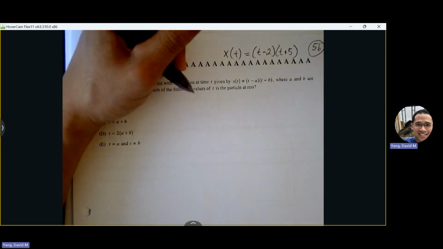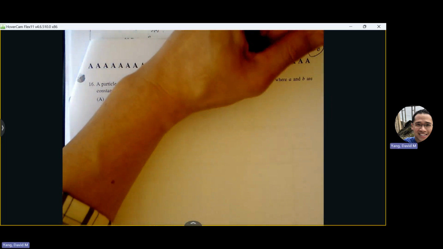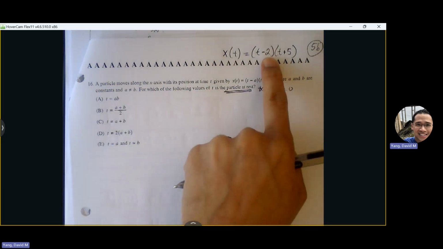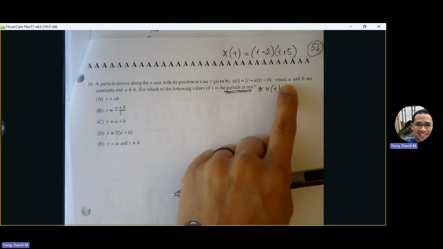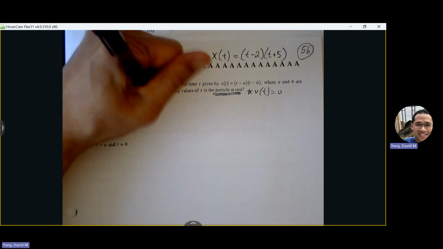Okay, particle at rest is when my velocity is equal to 0. So let me work my way down to velocity by cleaning it up, expanding everything out, and then taking the derivative, and then setting the derivative equal to 0. Okay, so here's my x of t.